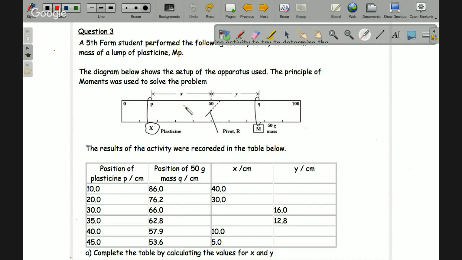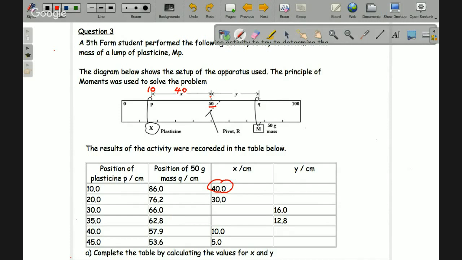If this position is 50, and if this position is 10 centimeters, then the distance between P and the middle is indeed 40 centimeters, right?